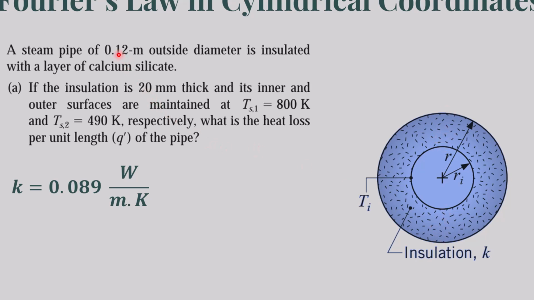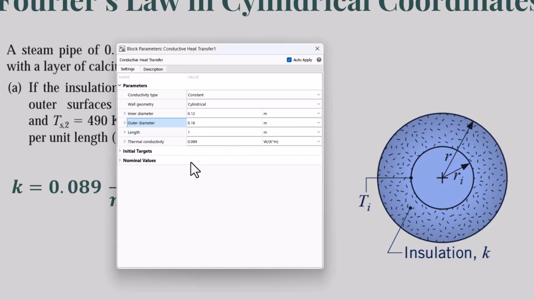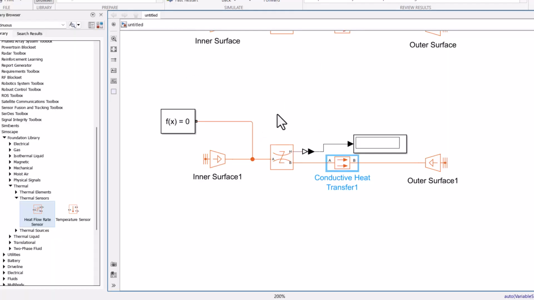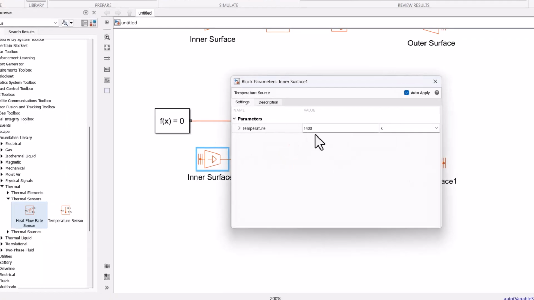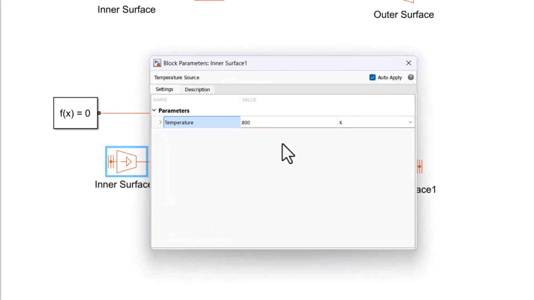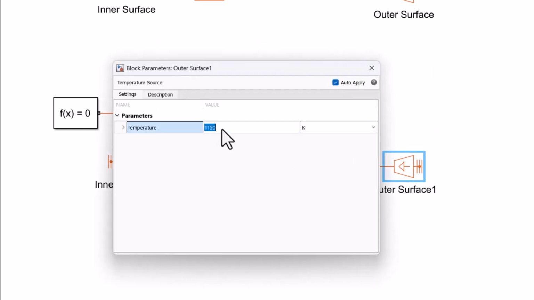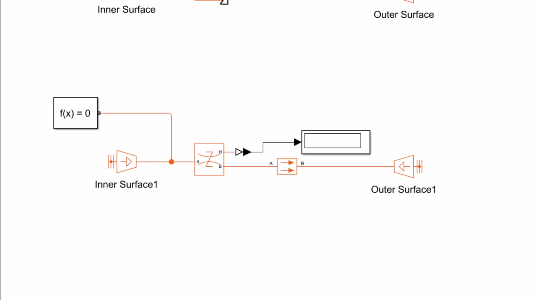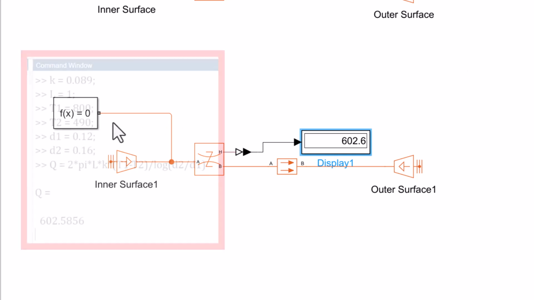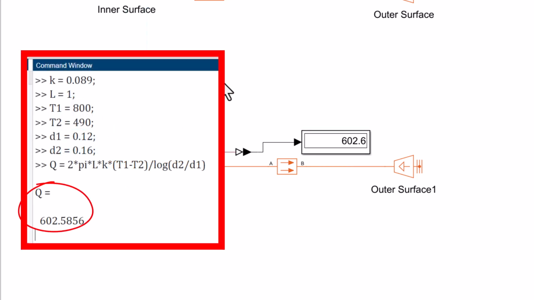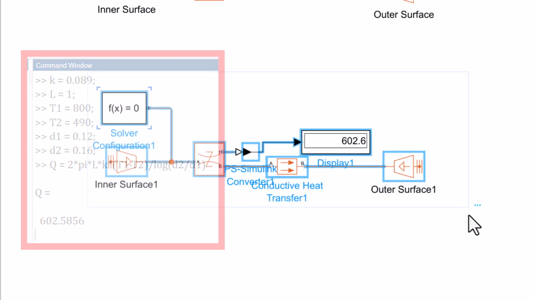So we go from 12 centimeters all the way to 16 centimeters. And that's it. I also have to define the new surface temperatures. So these are 800 and 490. That's right. So if I run, I come up with the desired answer, which you can see I have written a code to find the value using MATLAB M files.